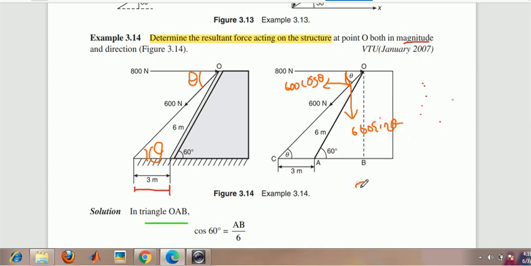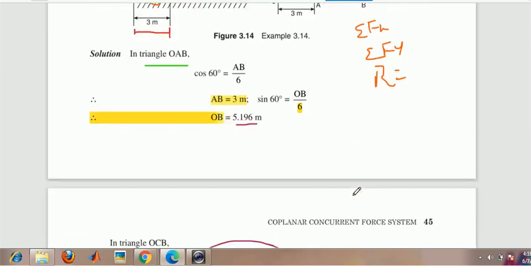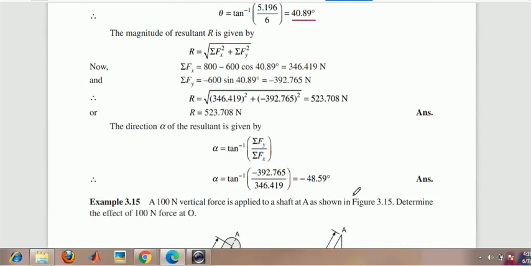Now just find out sigma Fx and sigma Fy, and we have the formula for the resultant. Find the resultant using this formula.